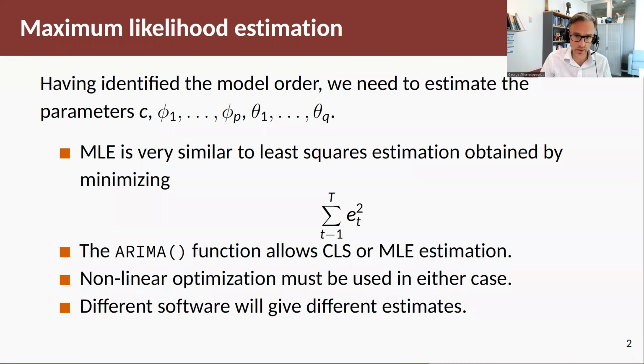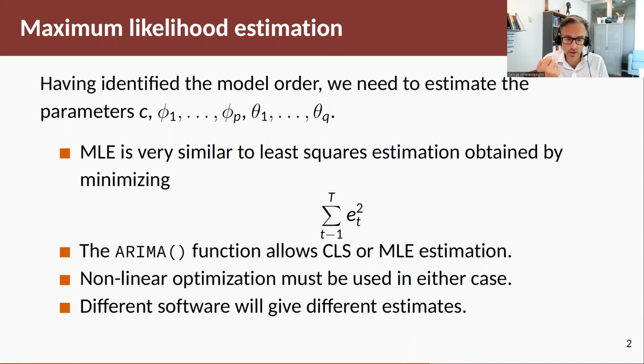So in ARIMA and in the fable package, we use the optim function to find the values of the parameters. The other thing to note here is that different software may give you different estimates. They shouldn't vary too much, but they will be different, mainly for a couple of reasons.